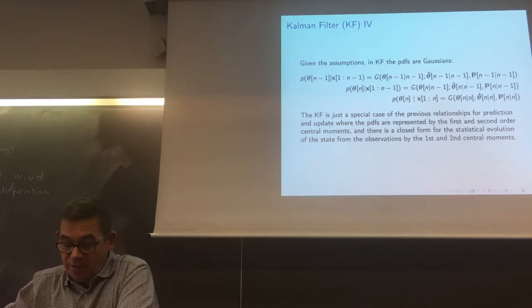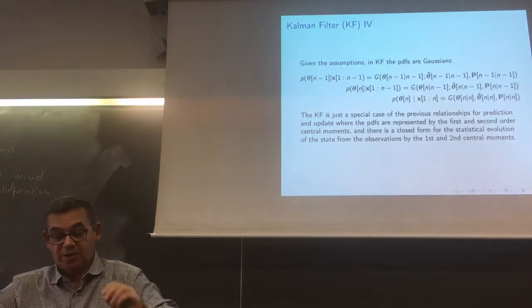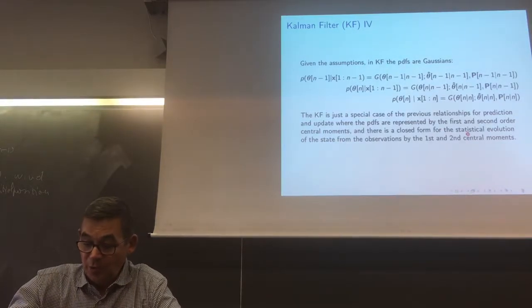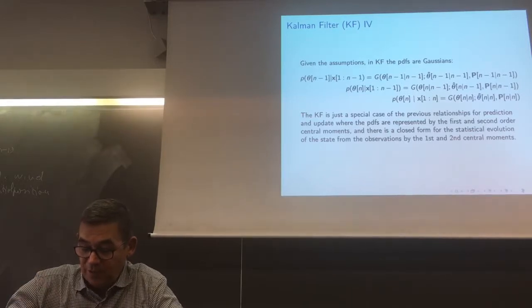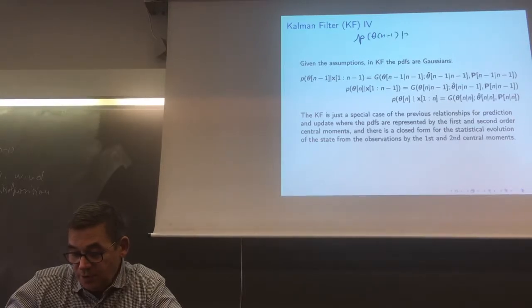Now, how do I write my equations? First of all, if you remember, we started from knowing p of theta n minus 1, given all the observations from 1 to n minus 1. So we start from this one.